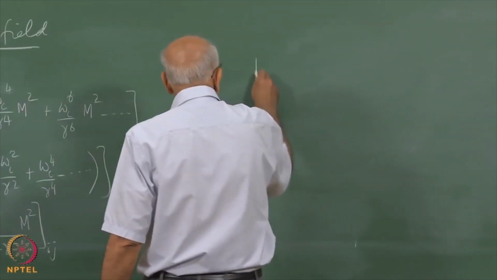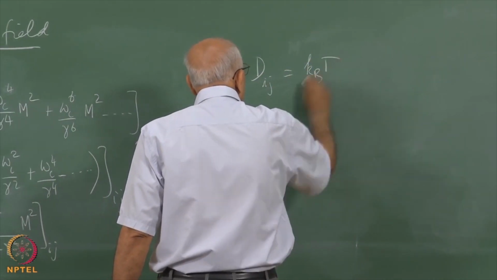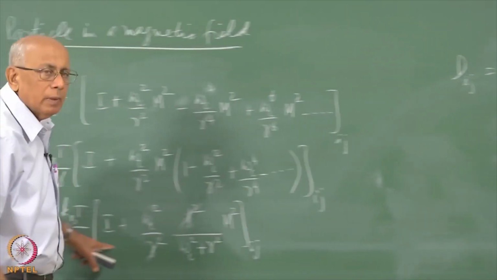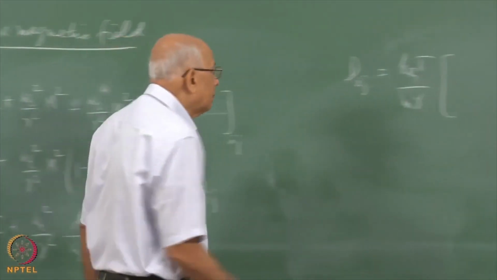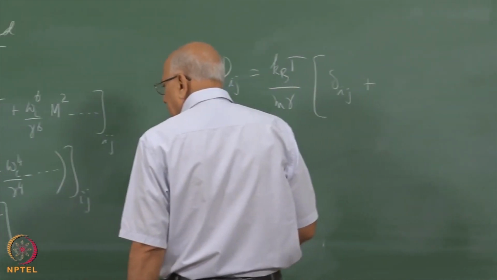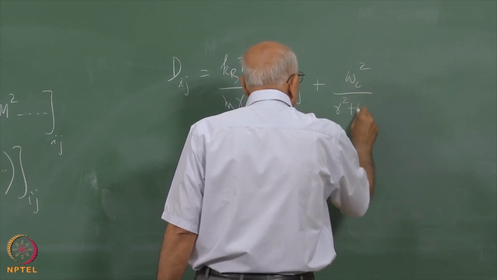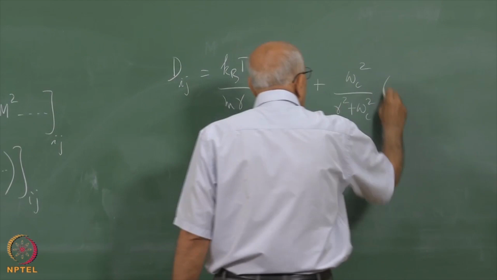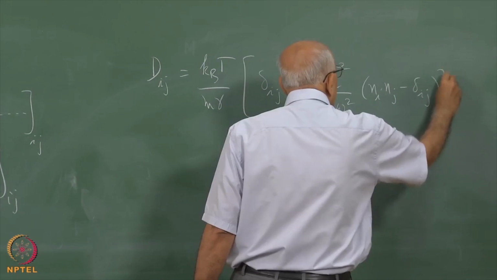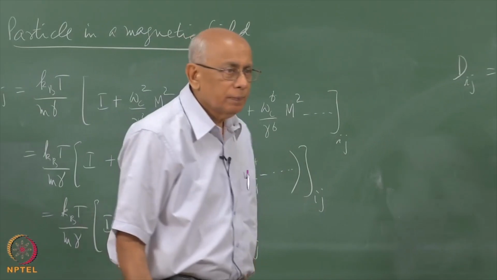So dij is equal to k Boltzmann T over m gamma, that sits inside, and here the ijth element of the unit matrix, of course delta ij, plus omega c squared over gamma squared plus omega c squared times ni nj minus delta ij. That is it.